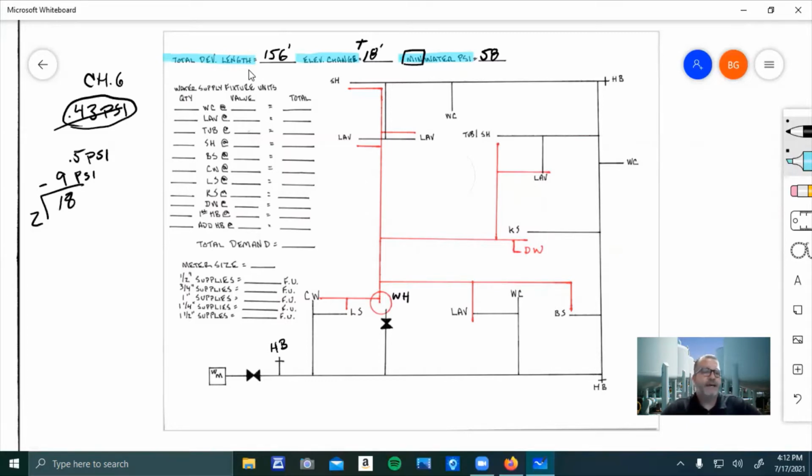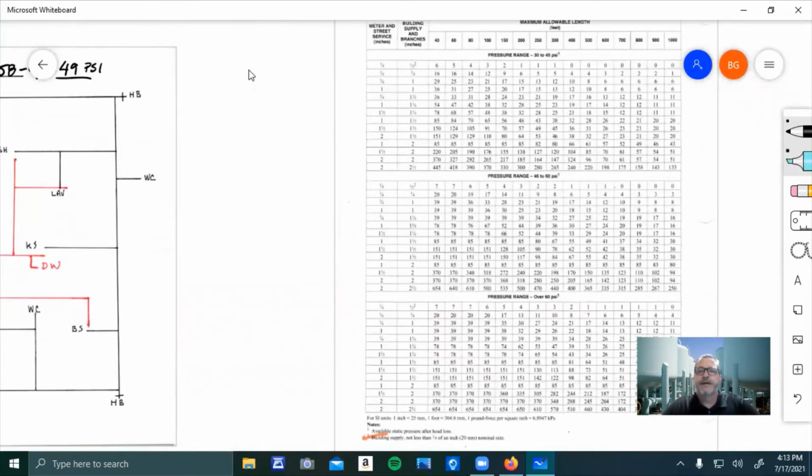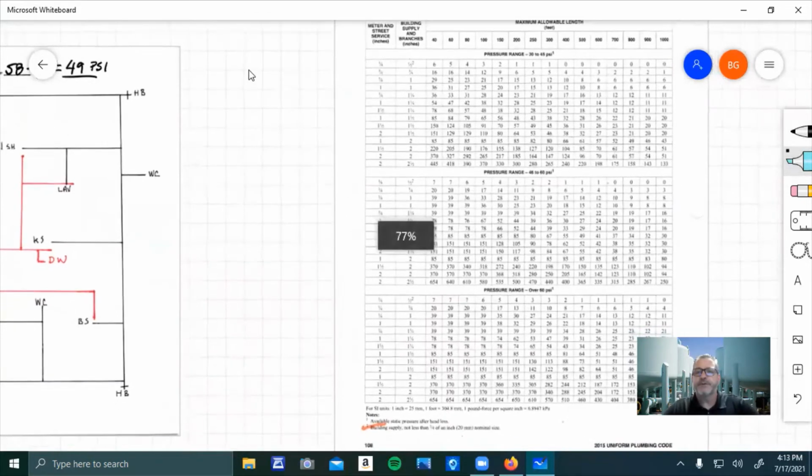So now that we have a minus 9 psi, we're going to subtract that from 58, and we're going to get a new pressure. Our new pressure is 49 psi. Okay, so we're operating at 49 psi. That is important to us when it comes to this chart right here, okay? You have a pressure range, and let's blow this up a little bit.